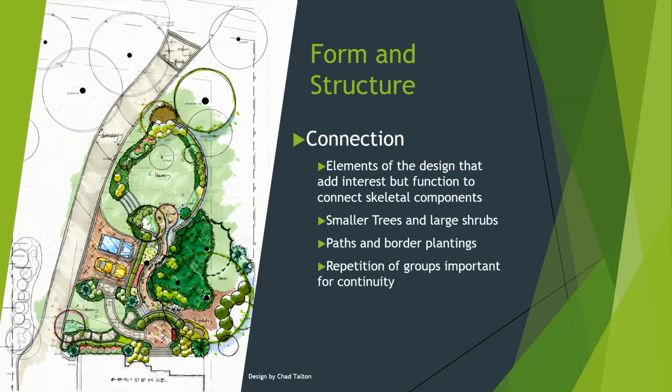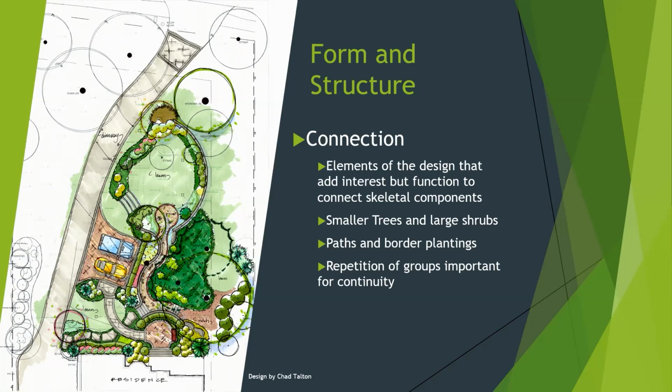The next part of your design is all of the aspects of your design that connect your skeleton parts to each other. These are things that add interest, but don't take away from what you want to focus on. They're just accents.